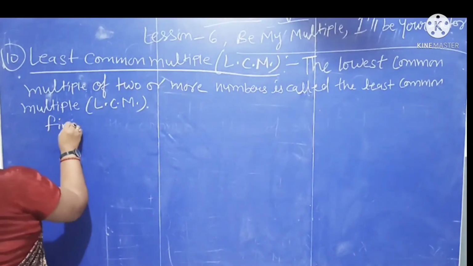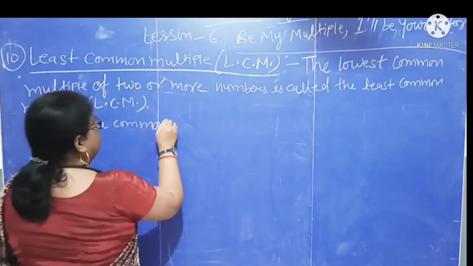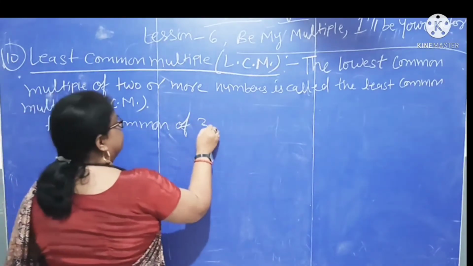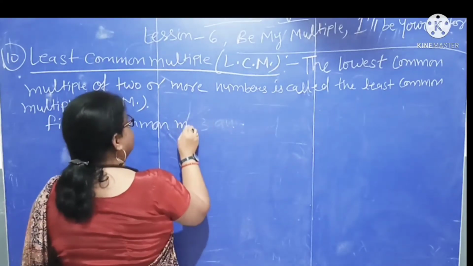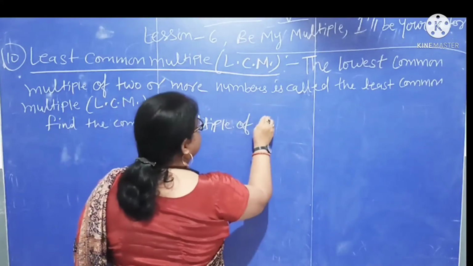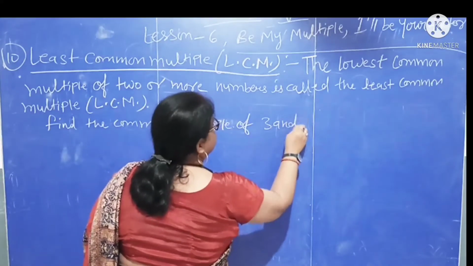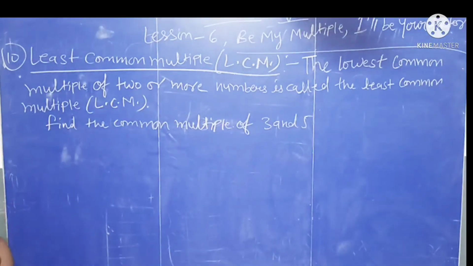Find the common multiple of 3 and 5. We have to find the common multiple of 3 and 5.